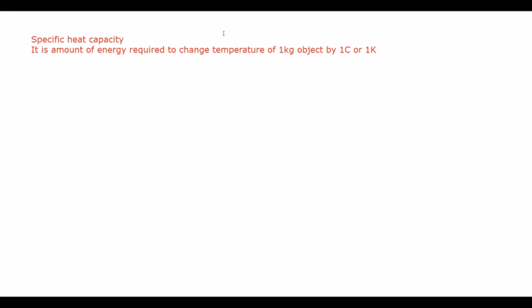So for example, the formula to calculate the specific heat capacity is energy divided by mass into temperature change.